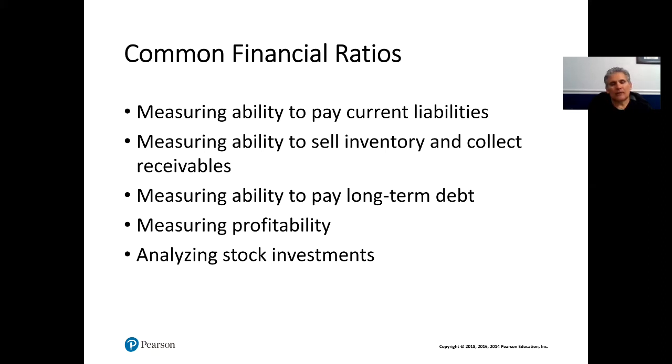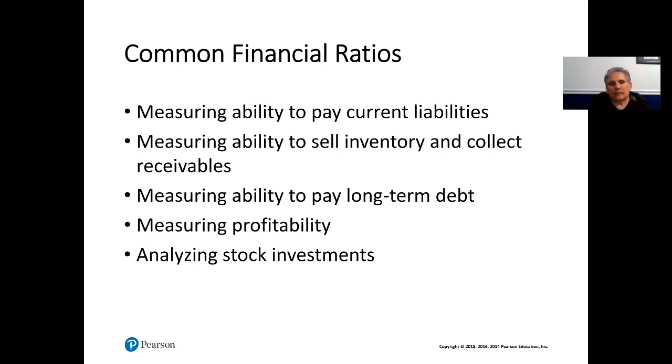So we already talked about horizontal. We've talked about vertical analysis. Now we're going to look at financial ratios. And we like to break up these financial ratios into specific categories. First, the first category is measuring the ability to pay its current liabilities, or what we often refer to as liquidity.